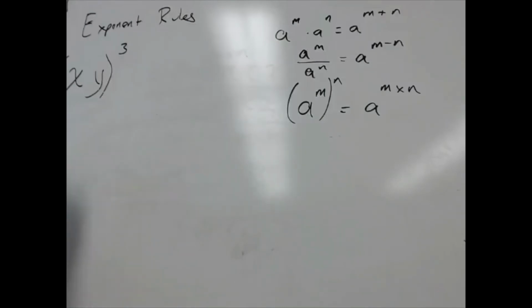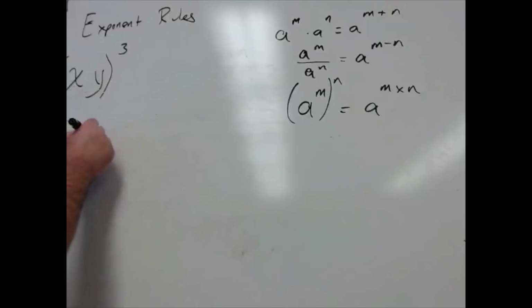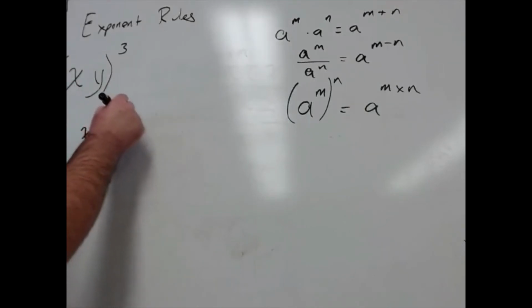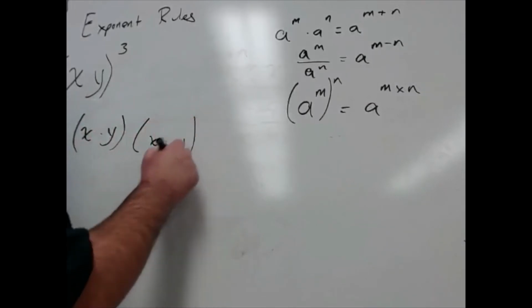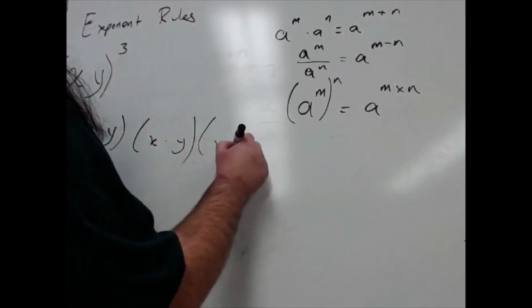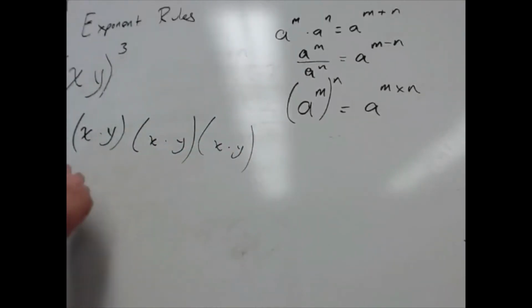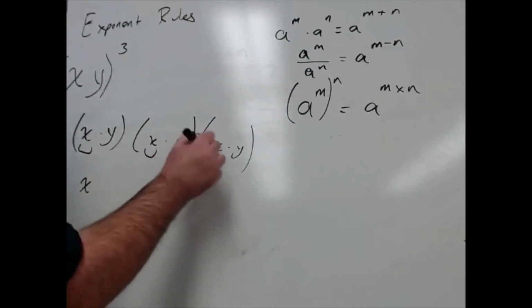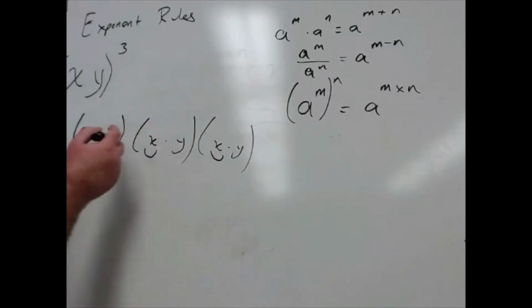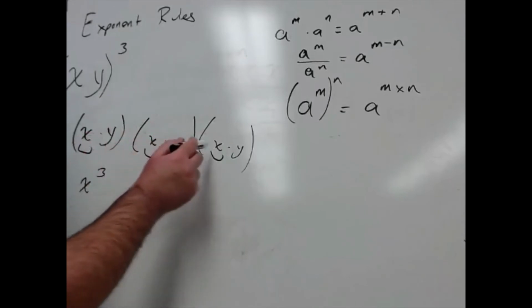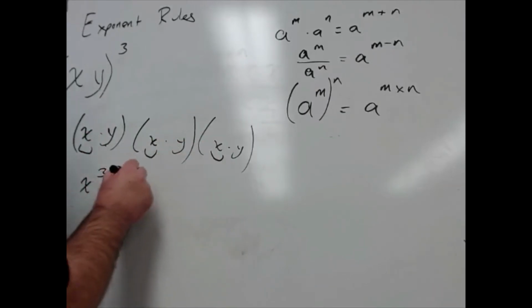So I can say this is going to be x times y times x times y times x times y. In total, I've got 1, 2, 3 x's multiplied, so x cubed. Then I've got 1, 2, 3 y's multiplied, so times y cubed.